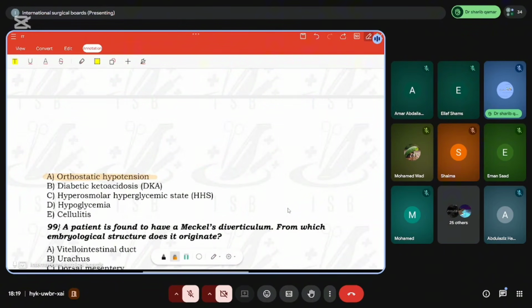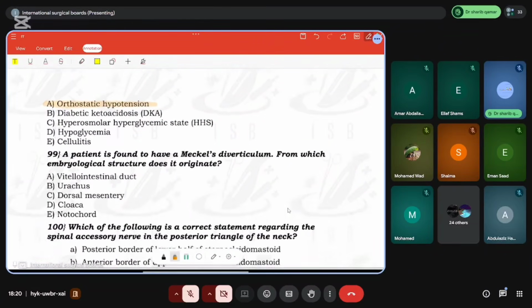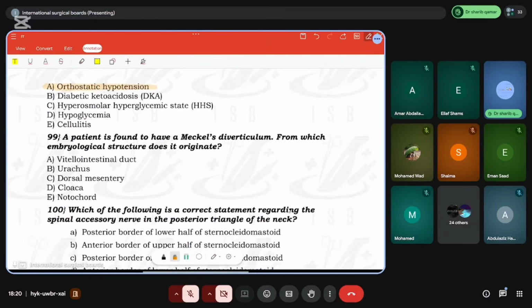Because we know that when you stand up, your vessels should constrict because the baroreceptor reflex is activated. Those reflexes are mediated by the autonomic nervous system. If your autonomic nervous system is not working correctly, this function will be lost. When you stand up, your vessels don't constrict, so your blood pools in the periphery and you faint. Okay, let's see the next one.